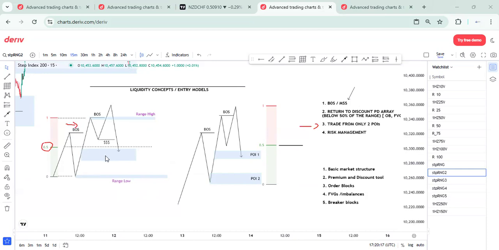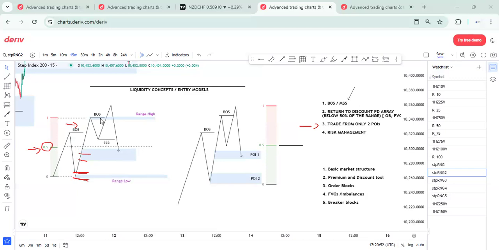There must be a pullback below the 0.5 into either a fair value gap or an order block. So the two areas you are going to be interested in taking your trade from will be, the first one, where the move started from. Identify your demand zone or order block there. And then below the 0.5, you identify a fair value gap or an order block around that zone as well. So these are the only two things that are going to guide your trading setups.